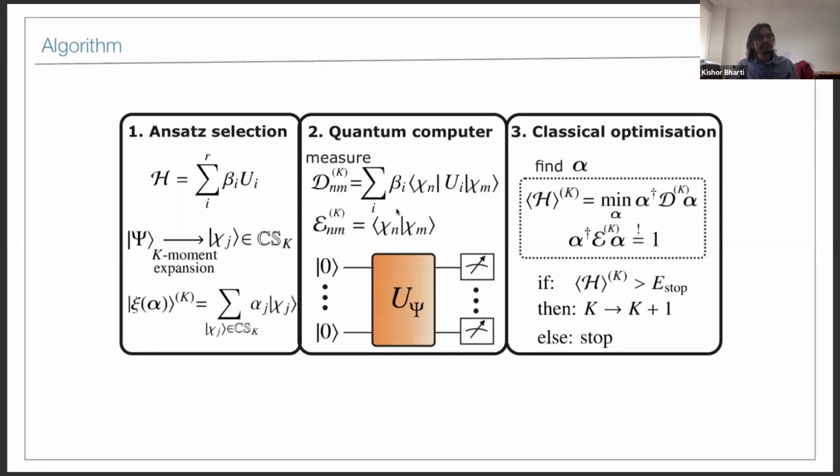The second step involves calculation of the D and E matrices. Notice that this can be complex, but you do not need any Hadamard test or control unitary to evaluate them. Why? Because you have psi, and then psi from the other end, and then a product of many Paulis. If you take the product of many Paulis, you will get some phase factor like plus or minus 1 or plus or minus i, which you can compute very easily.